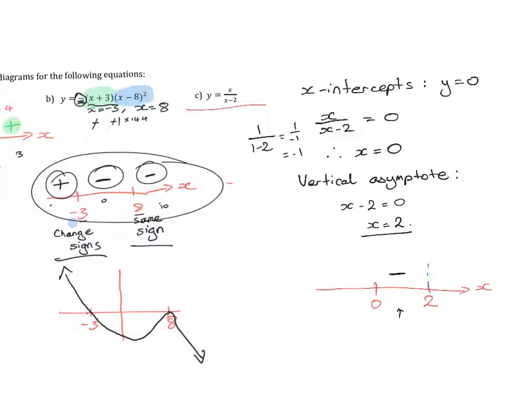Okay, so now let's sub in something like 3 on this side. So 3 over 3 minus 2 is 3 over 1, or just 3, which is a positive. And now let's choose something like negative 1 on the other side of 0. Negative 1 over negative 1 minus 2, which becomes negative 1 over negative 3, which is 1 over 3, so it's positive. And there you go, that's our sign diagram.